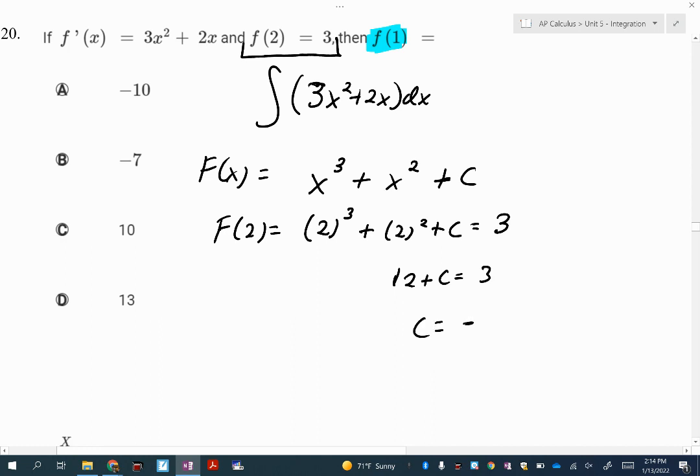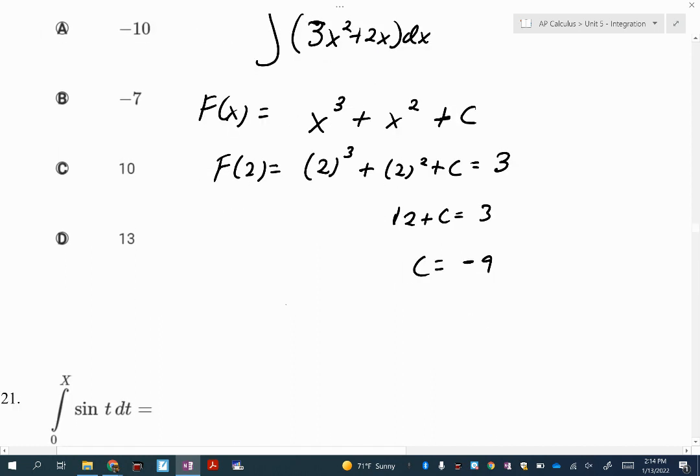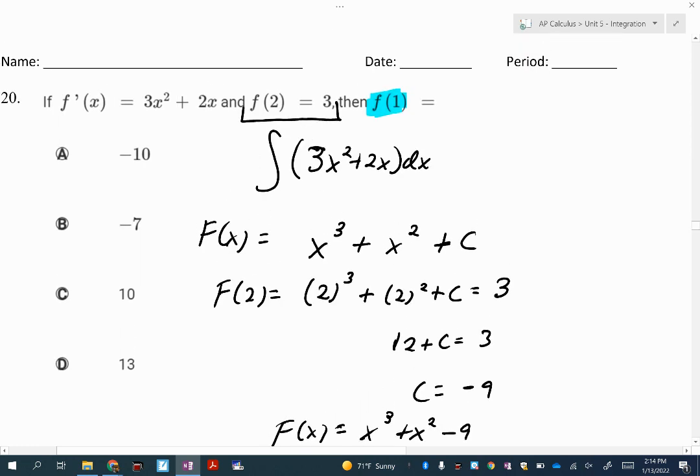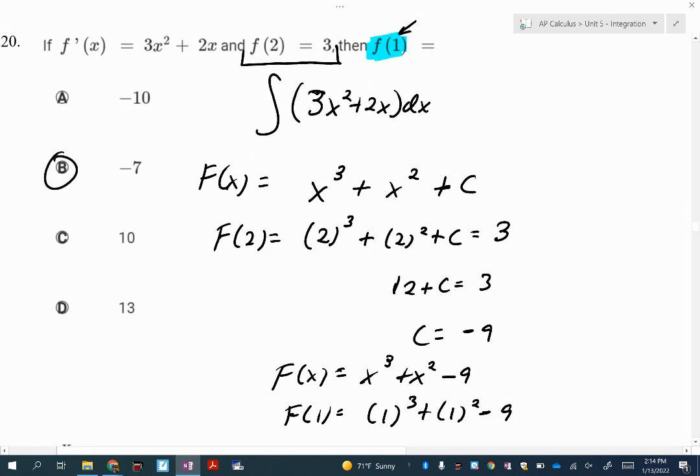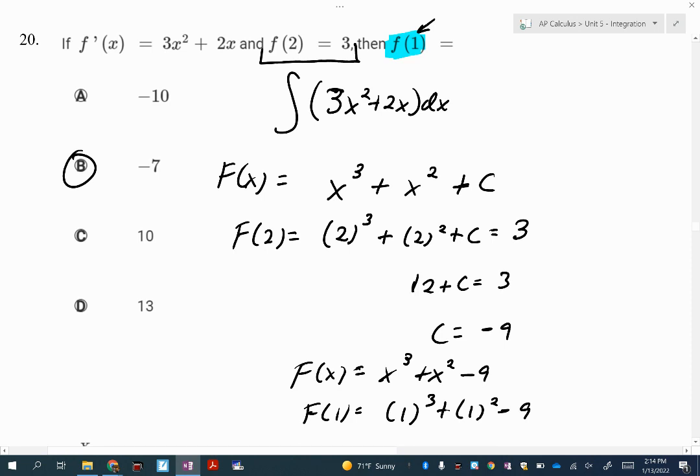So c equals negative 9. So now my f of x function is x cubed plus x squared minus 9, and I'm plugging in 1. So 1 cubed plus 1 squared minus 9. So 1 plus 1 is 2. 2 minus 9 is negative 7. So 20 is B.